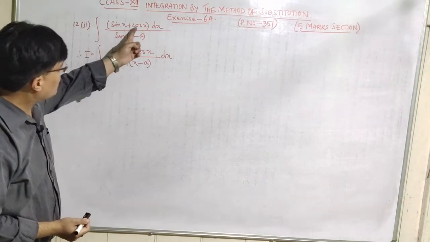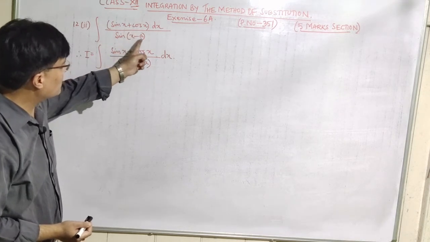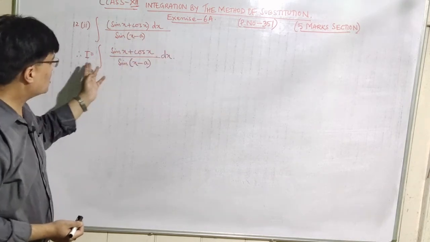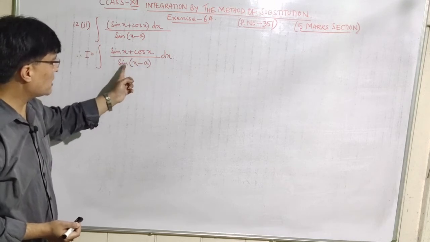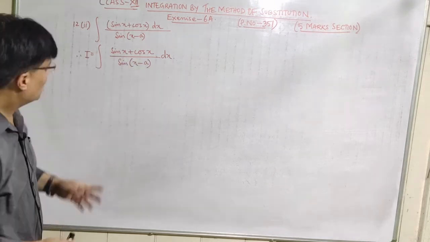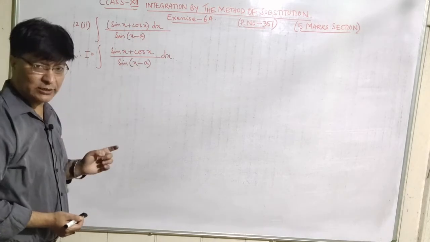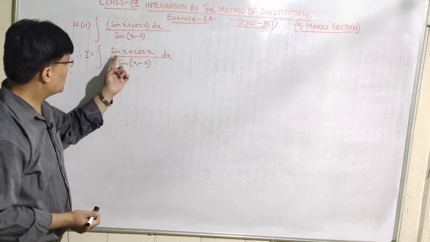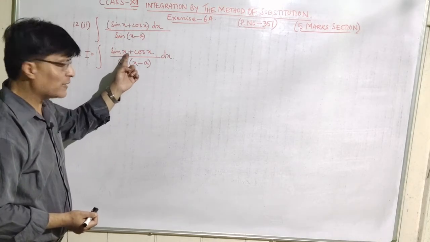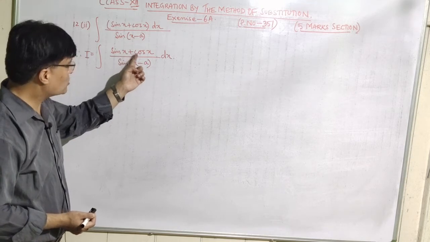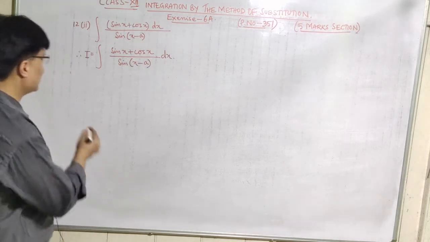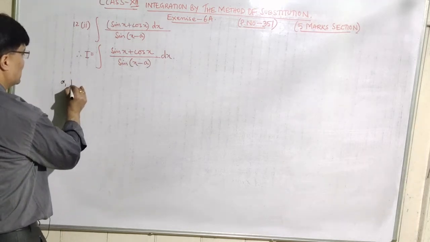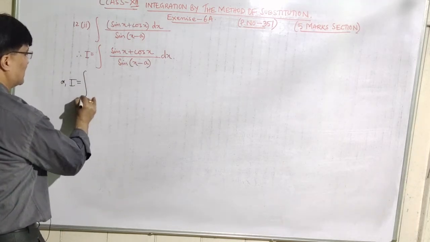Integration of sin x plus cos x divided by sin of x minus a, dx. So let us write I is equal to integration of sin x plus cos x divided by sin of x minus a, dx, right? Since there is x minus a out here, let us write sin within bracket x minus a plus cos of within bracket x minus a plus a, so that you can easily simplify it and then integrate it.